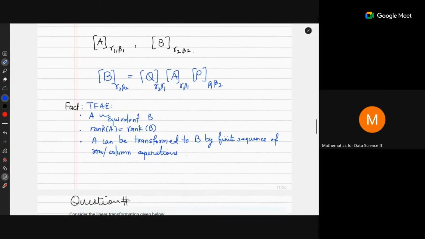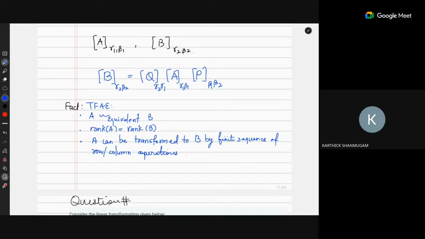So you will get these notes. In the exam, if there is a transformation given with 4 sets of bases, the first step will be to calculate the P matrix and then the Q matrix. For the P matrix, we take the beta 2 basis, put it in the transformation, and express whatever output we get in terms of beta 1.